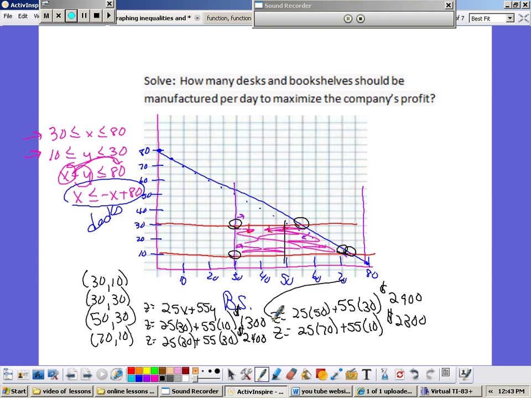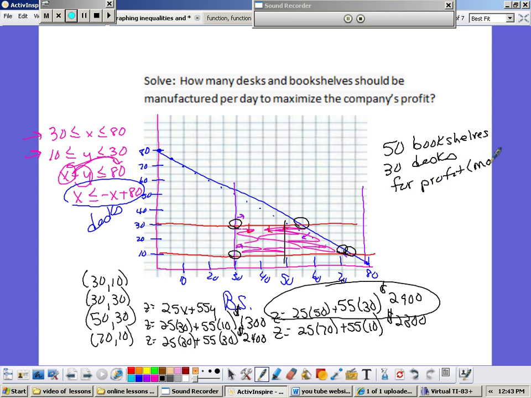So, the maximum occurs here when we do 50 bookshelves and 30 desks, for your max profit of $2,900.